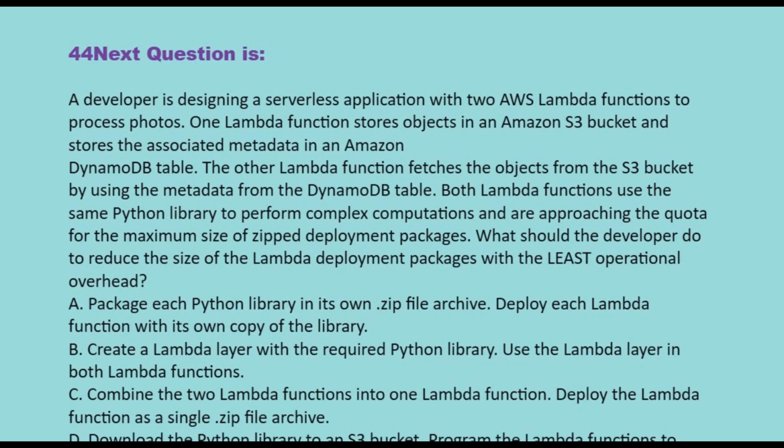Both Lambda functions use the same Python library to perform complex computations and are approaching the quota for the maximum size of zipped deployment packages. What should the developer do to reduce the size of the Lambda deployment packages with the least operational overhead?